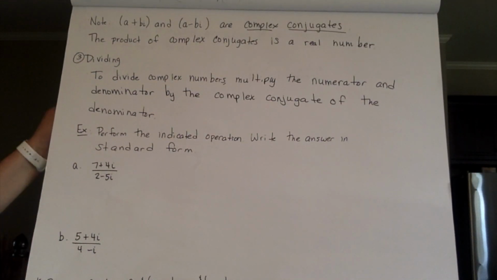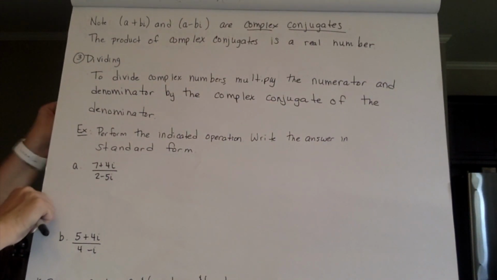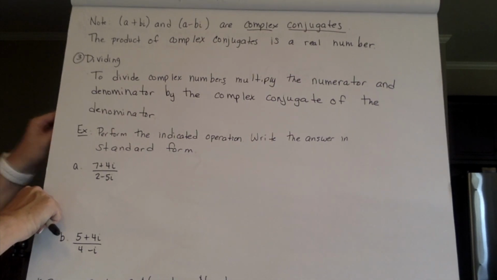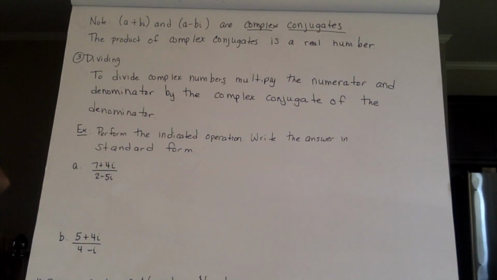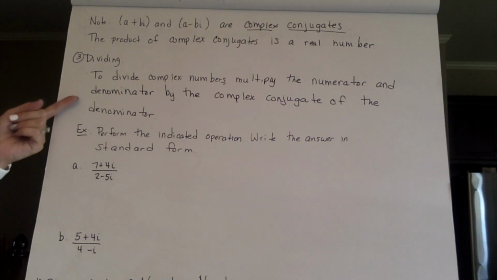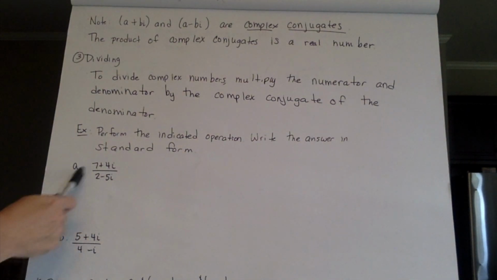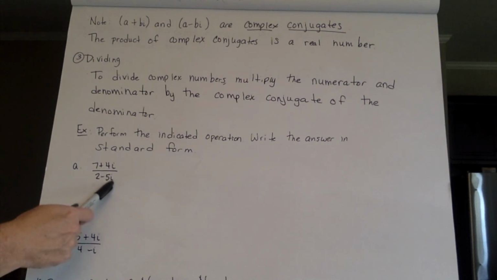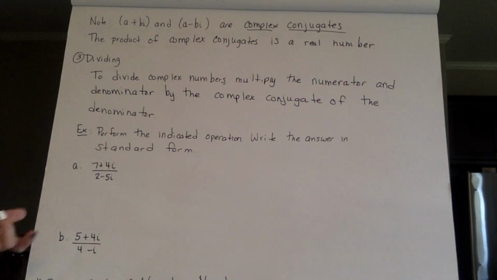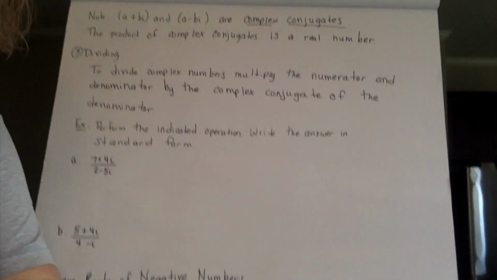Okay? Now, we need to know something about complex conjugates, because in order for us to divide complex numbers, we're going to multiply the numerator and denominator by the complex conjugate of the denominator. That's because when we have i in the denominator, that's really like having a radical in the denominator, and we don't like to have that.